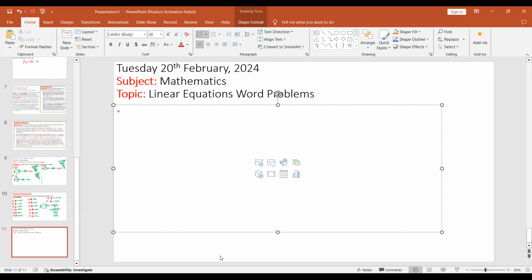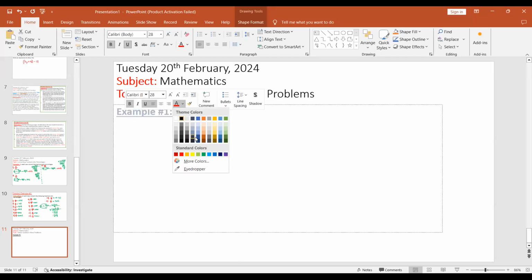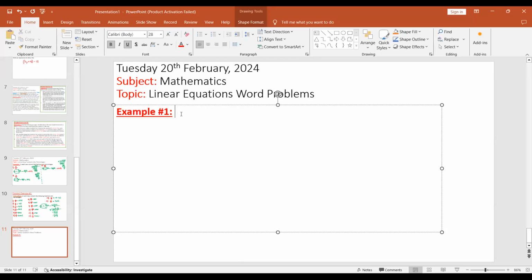This is gonna be another linear equation word problem. Let me add it as example number 1. A basket contains oranges and mangoes.